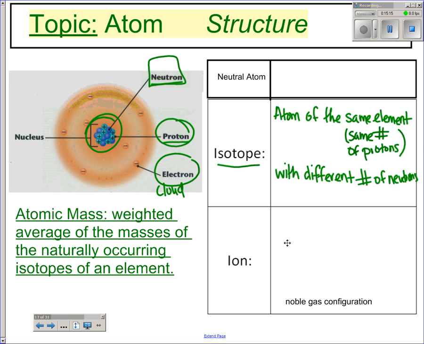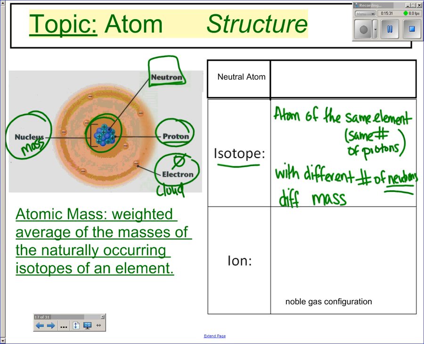So since they have different numbers of neutrons, they're going to have a different mass. Remember that most of the mass of the atom is in the nucleus. Electrons have relatively zero mass, and protons and neutrons each have a mass of 1 AMU. So an isotope is going to be atoms of the same element, different number of neutrons, possibly a different mass.